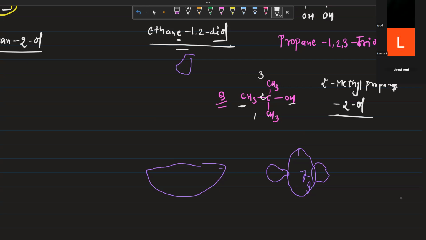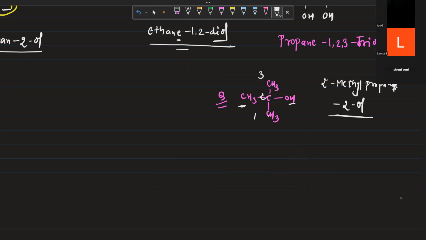Wait, what's the difference between alkyl group? Alkyl means something totally different. I don't know if I've been using it this whole time without knowing what it really is. Alkyl is generally used for methyl, ethyl, propyl. So whenever we take an alkane and remove a hydrogen from it, that is an alkyl group.